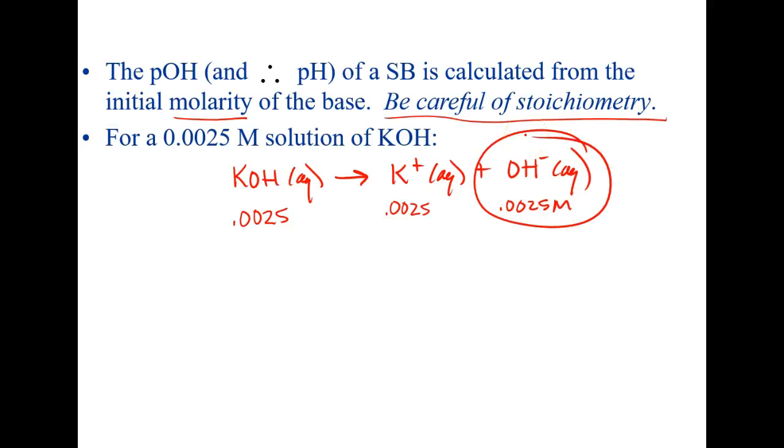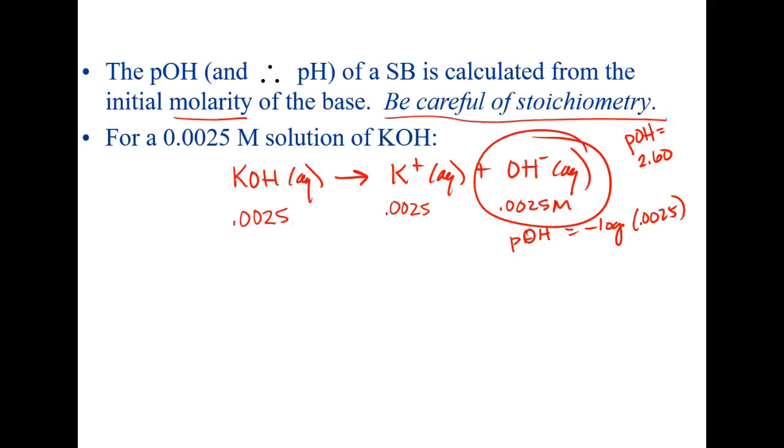Now, the hydroxide is what we're interested in. We can calculate pOH for that solution, negative log of the concentration, 0.0025. If we crunch that out, we get a pOH, careful, we're not done yet, a pOH of 2.60.